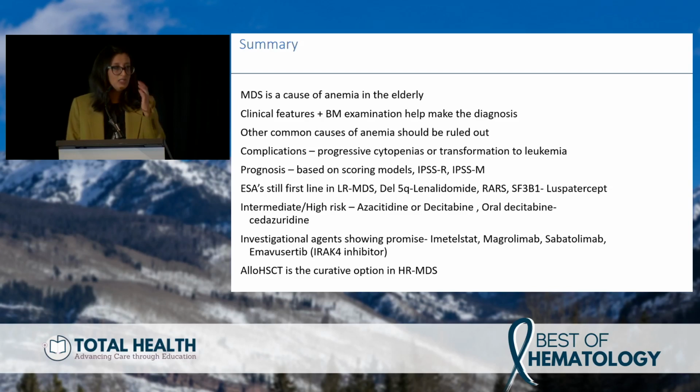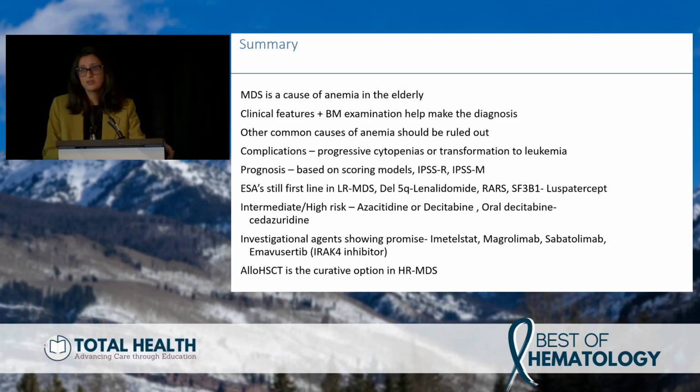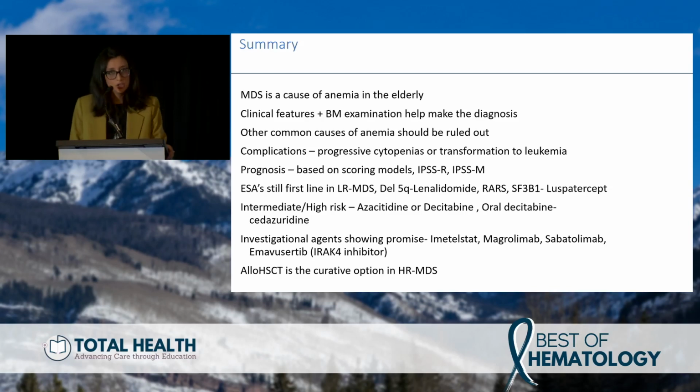And the major complications that we encounter are progressive cytopenias, infections as a result of that, and progression to leukemia. We have a new prognostic scoring system now, the IPSSM, and I would love to hear other people's experience using it. I've found it beneficial, but one of the major issues with this IPSSM is that some molecular classes are still not well captured even within all the different categories.